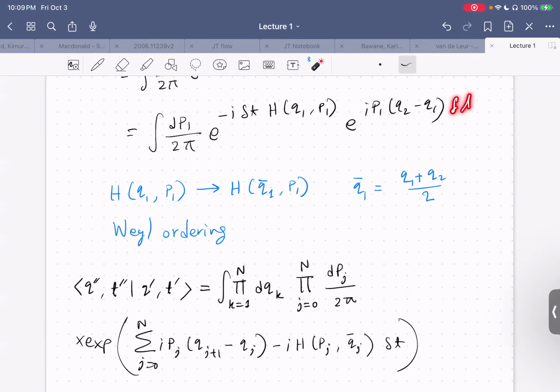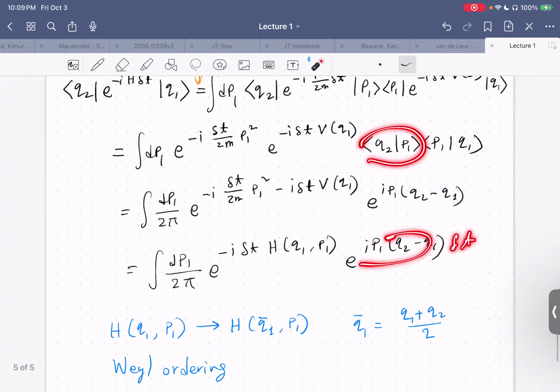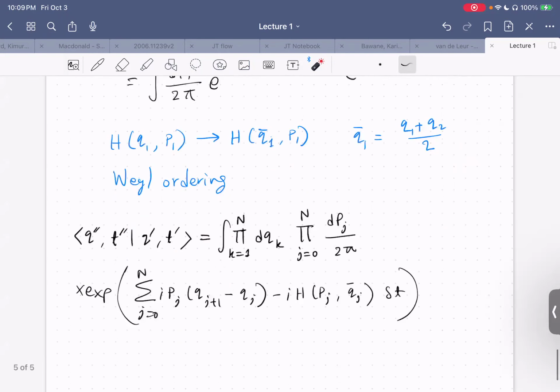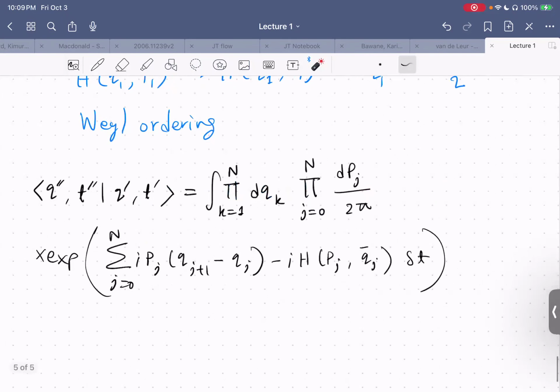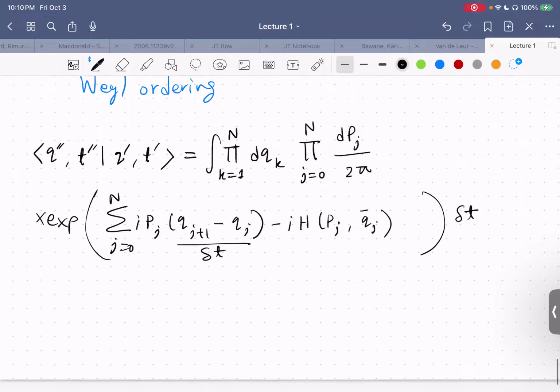But there is no delta t here, right? Because these came from this kind of overlap without any delta t. But we can take the delta t common so that it will look something like this, but then we have to divide this by delta t. Okay. Everyone's following so far? Okay, great.